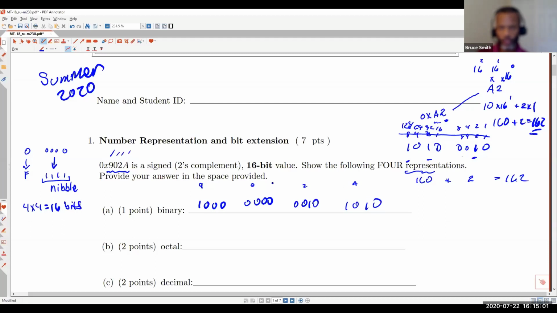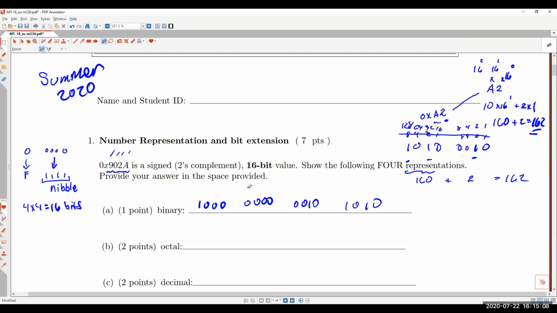So now I have a choice. I can convert this, if I can bring my eraser, to a decimal value if I want. I'll do that in a second. Or I can even convert it to a hexadecimal.